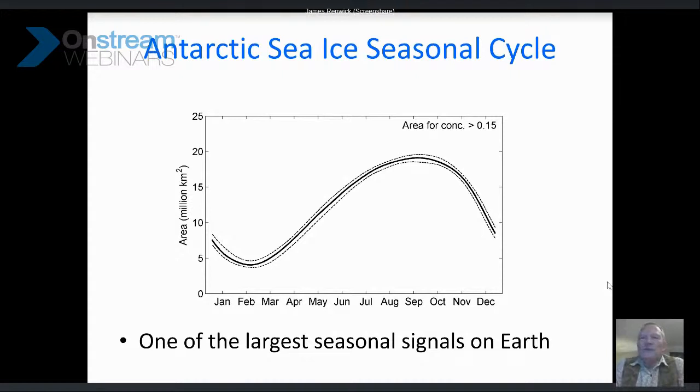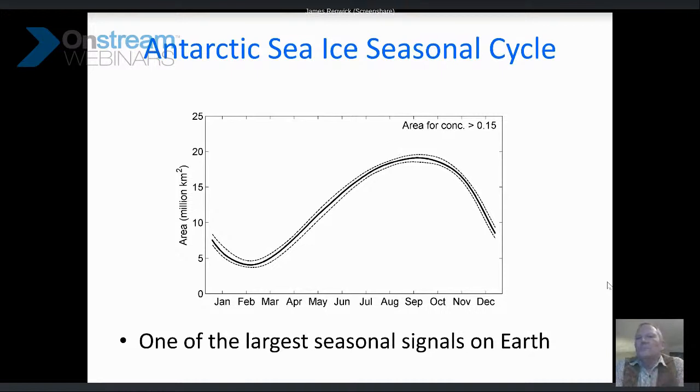But the boxes themselves have a fraction of sea ice coverage. This is a so-called sea ice concentration, and that ranges from 0 to 1 or 0 to 100%. What's done for calculating the areal extent is you just add up all of the boxes greater than 15%, of 0.15, and this is what you get.